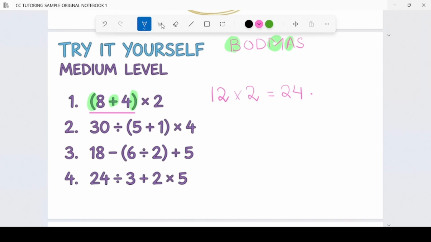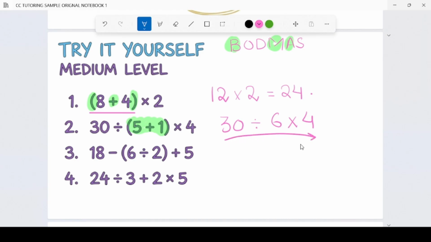Now moving forward. Now according to this situation, we'll solve this bracket first, and 5 plus 1 equals 6. So the answer for this is 30 divided by 6. When we solve this one, we can remove the bracket. So 30 divided by 6 multiply by 4. And as I have told you, when there is divide and multiply in an equation, we can solve it from left to right.